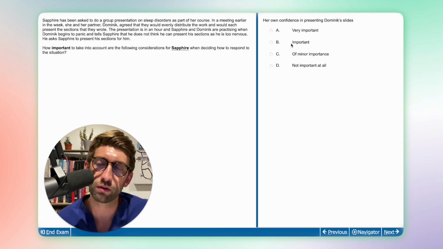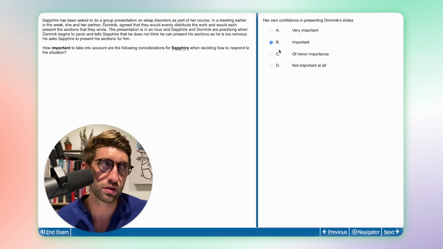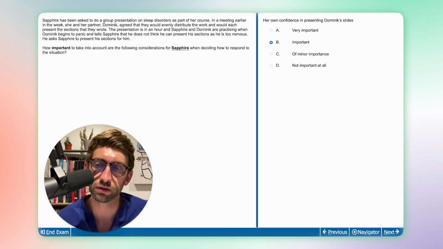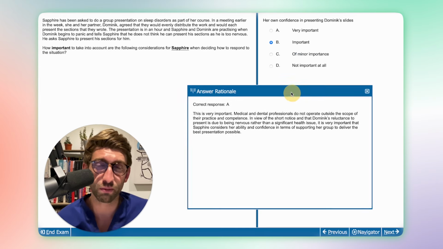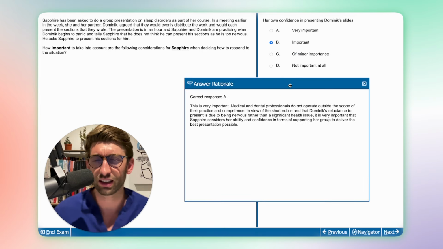But at the same time, we need to be able to deliver this talk. So I'm going to put it as important, because I don't think it's the most important thing, but it equally matters to be able to think of plan B to get the talk done. Oh, okay. It's the most important thing. Right. Okay. Let's see what they say.